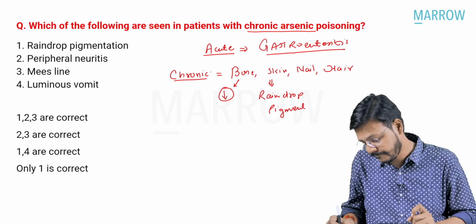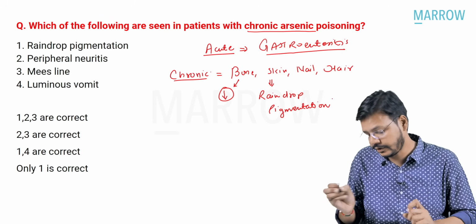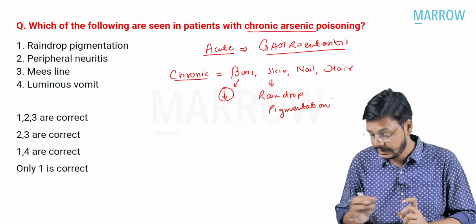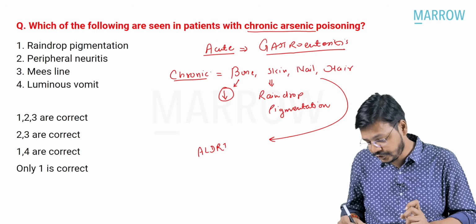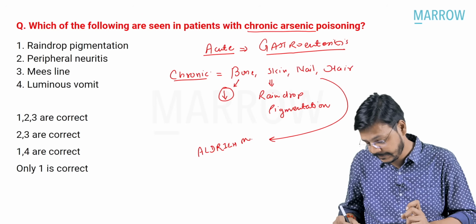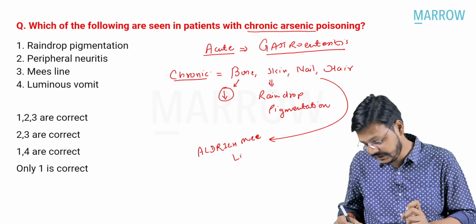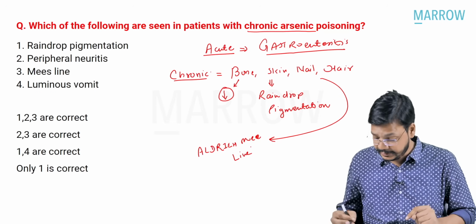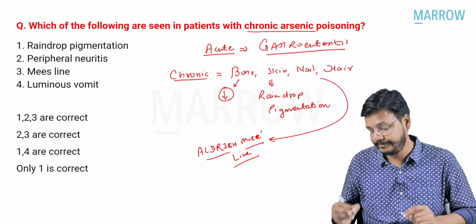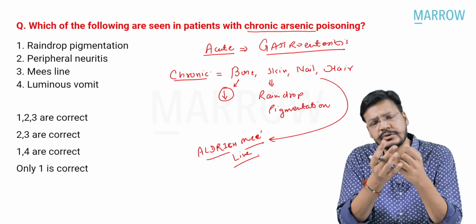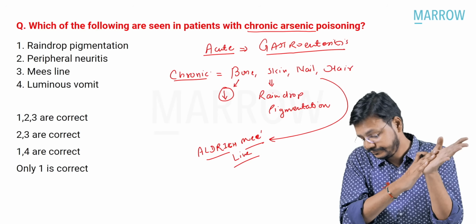In the nail, it causes Aldrich-Mees lines, which are the transverse lines on the nail. In hair, it also causes discoloration of the hair.